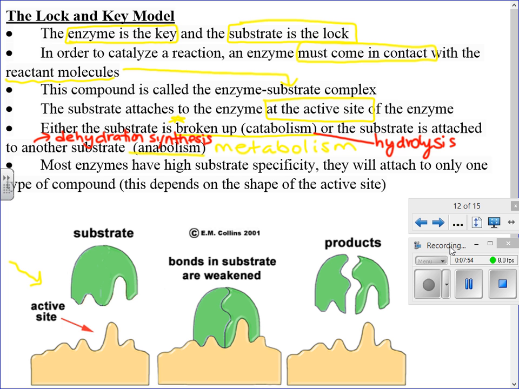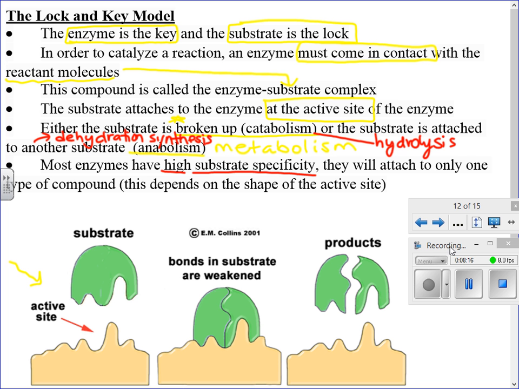Now the last thing about the shape is that most enzymes have a very high substrate specificity. Not perfect, but high. And so on purpose, I didn't write that it was 100% or that it was totally all the time true.